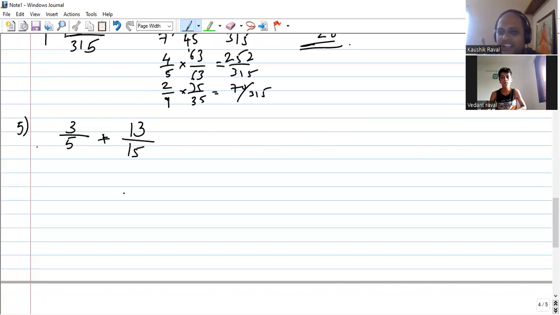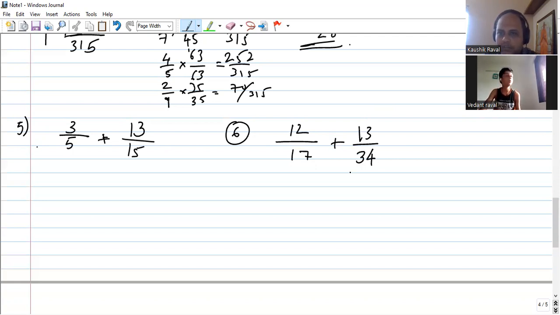Here you will have to find the LCM, and then do it. And example number 6 is 12 by 17 plus 13 by 34.